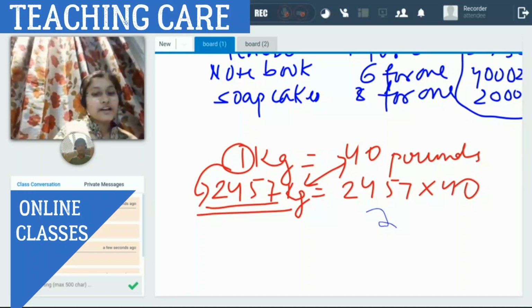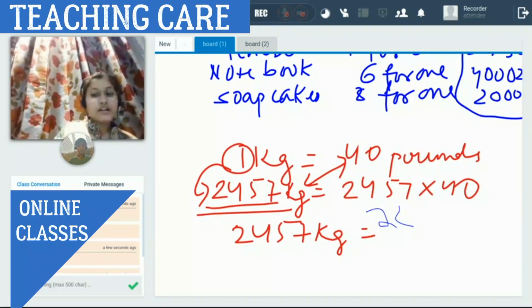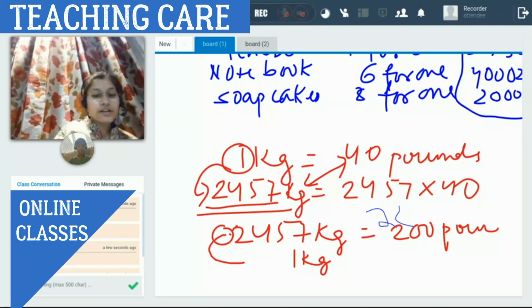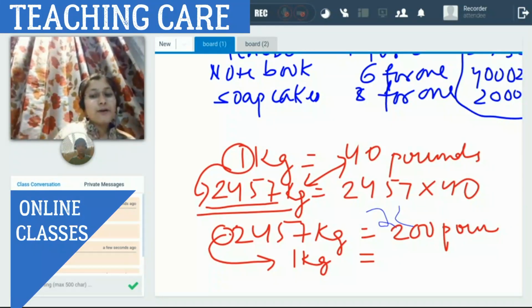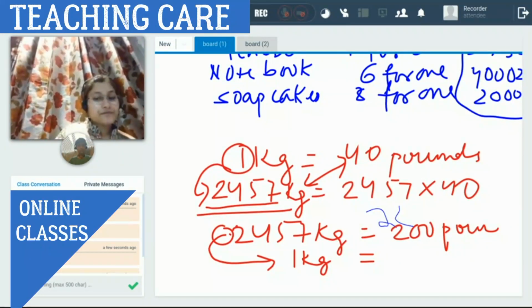And when we have a larger number, like if they have given you that for 2457 kgs the amount is 200 pounds and you have to calculate for 1 kg, going from a larger number to a small number, you divide.